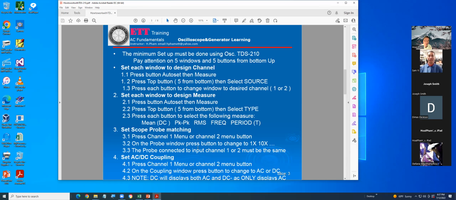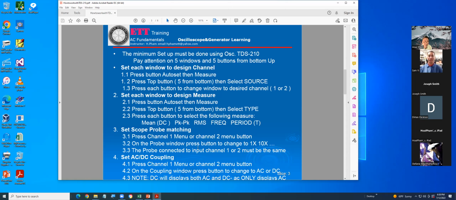Okay. When you set the scope to DC coupling, the oscilloscope will display both signals, DC and AC. Okay?